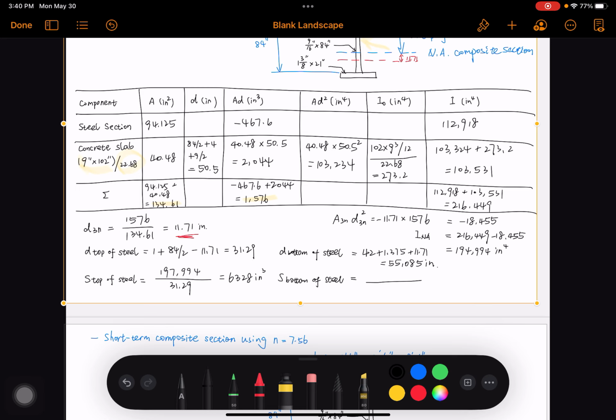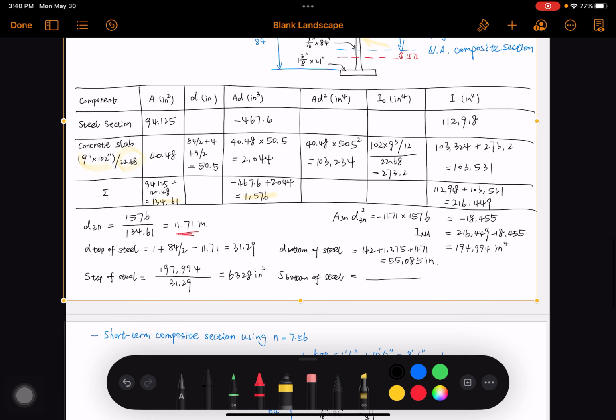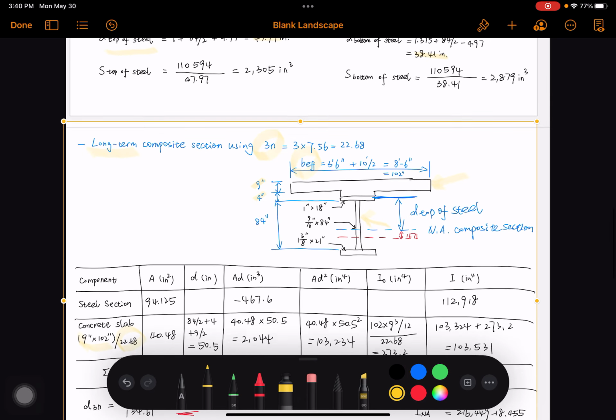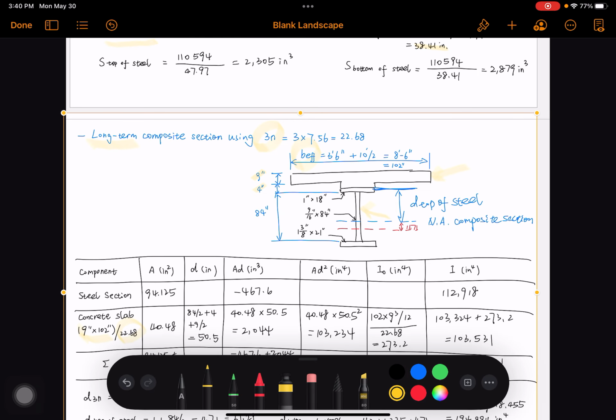And the section modulus to the bottom of the steel is 197,994 divided by 55.085, equal to 3,594 inch to the cube. Now this completes the elastic section modulus for the long-term composite section using 3N.